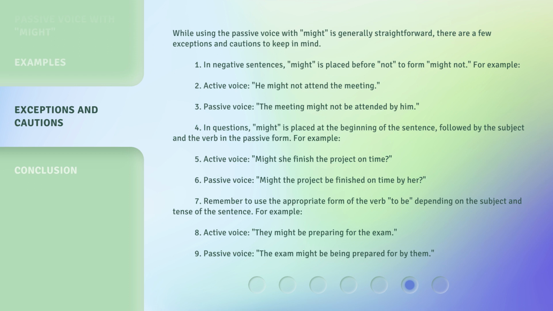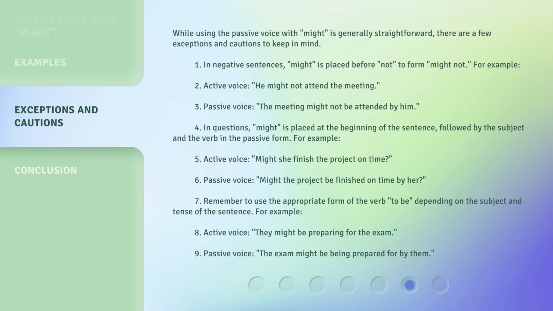Passive voice: the meeting might not be attended by him. Two. In questions, might is placed at the beginning of the sentence, followed by the subject and the verb in the passive form. For example, active voice: might she finish the project on time? Passive voice: might the project be finished on time by her?